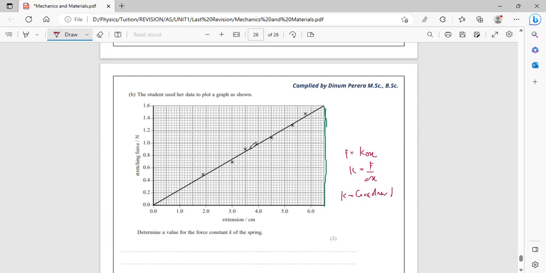When you're finding the gradient, you need to use at least 50% of the line. The best would be to use the biggest triangle possible. We can use the whole triangle in this case because it's easier. And that's pretty much all. You can do it.